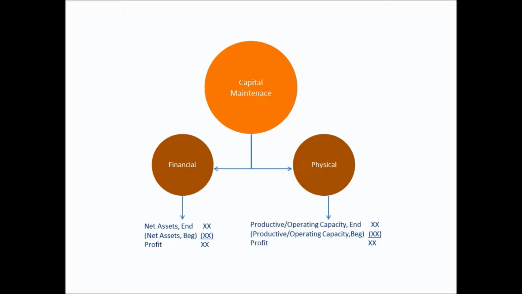So in order to compute for the profit under the physical capital maintenance, we have to compare the productive or operating capacity at the beginning and at the end. If the operating capacity at the end exceeds that of the beginning, we have a profit.